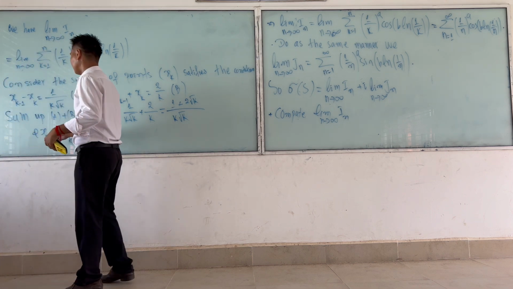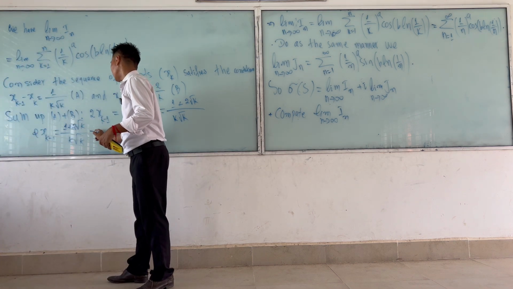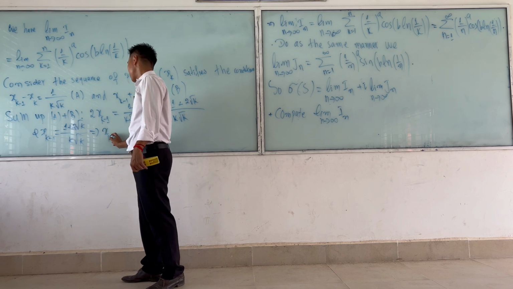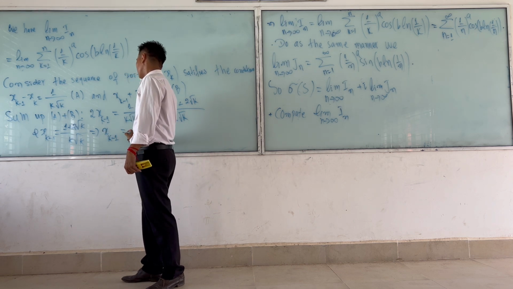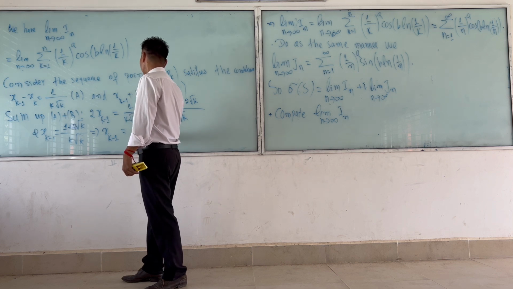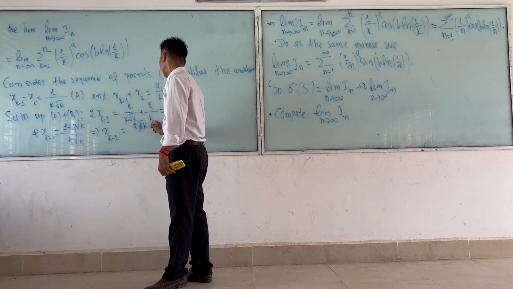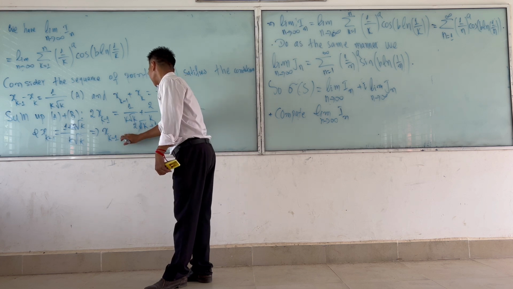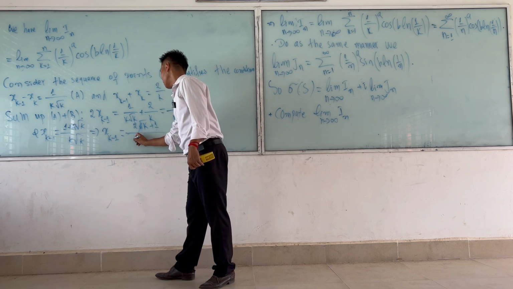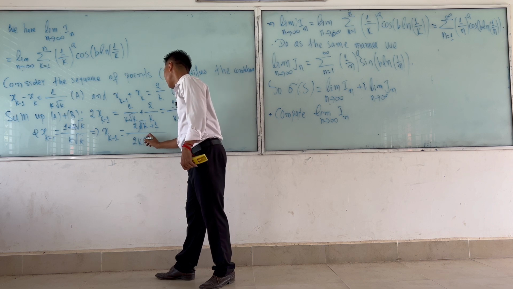To get xk minus 1, you just divide both sides by 2, so you get xk minus 1 equal to 2 square root of k plus 1 divided by 2k square root of k, right?